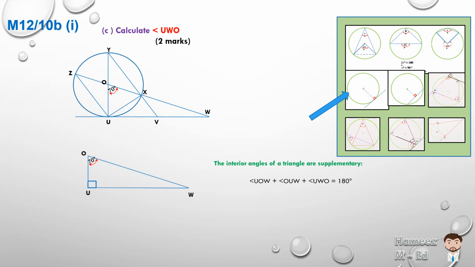And let's substitute. 70 degrees plus 90 degrees plus angle UWO is equal to 180 degrees. If you look at this entire line, there's only one unknown. So we should be able to solve. So 70 plus 90 is equal to 160 degrees plus angle UWO is equal to 180 degrees. As such, angle UWO is equal to 180 minus 160, and that gives us 20 degrees.